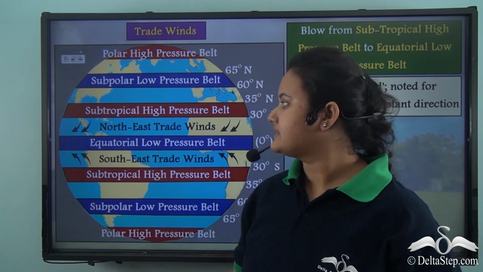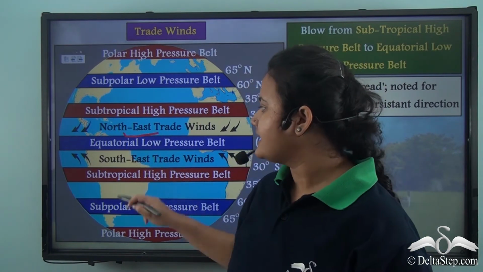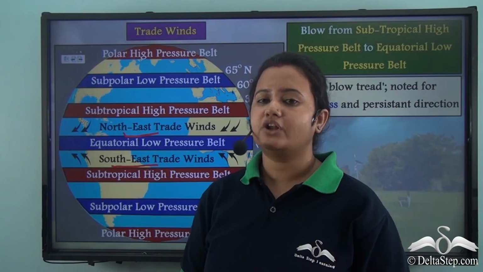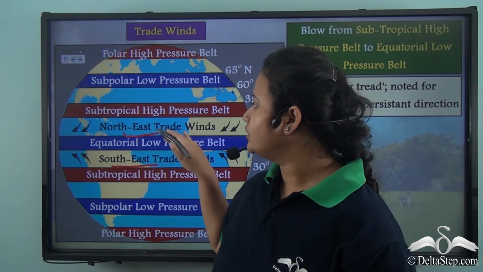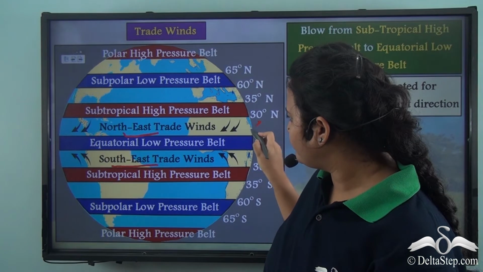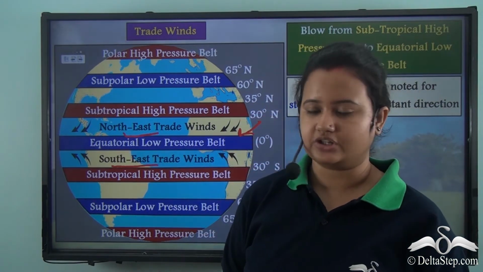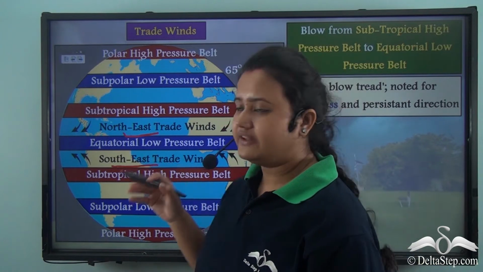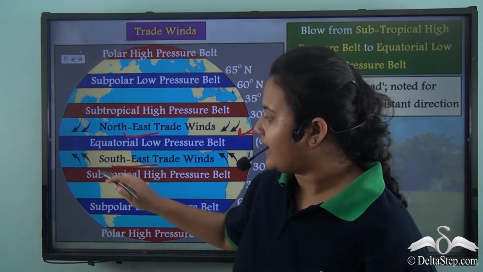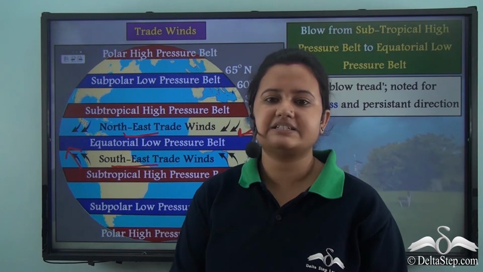They blow as northeast trade winds in northern hemisphere and as southeast trade winds in southern hemisphere. In the northern half, it is known as northeast trade winds because, as you can see, they blow from the northeast direction. And in the southern half, they are known as southeast trade winds because, as you can see, they blow from the southeast direction.